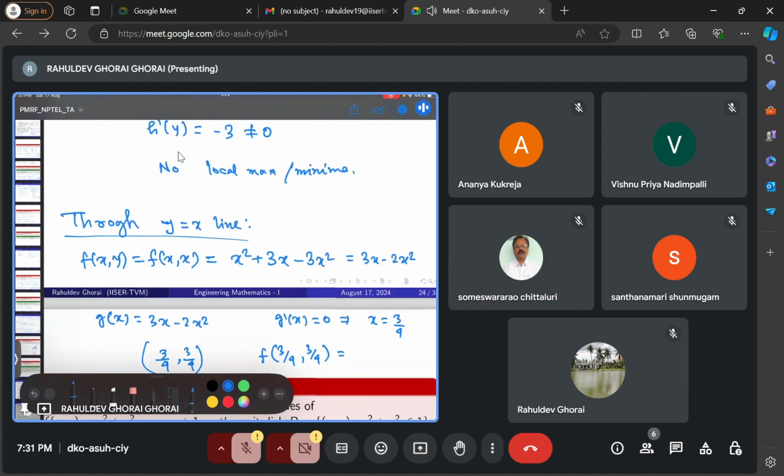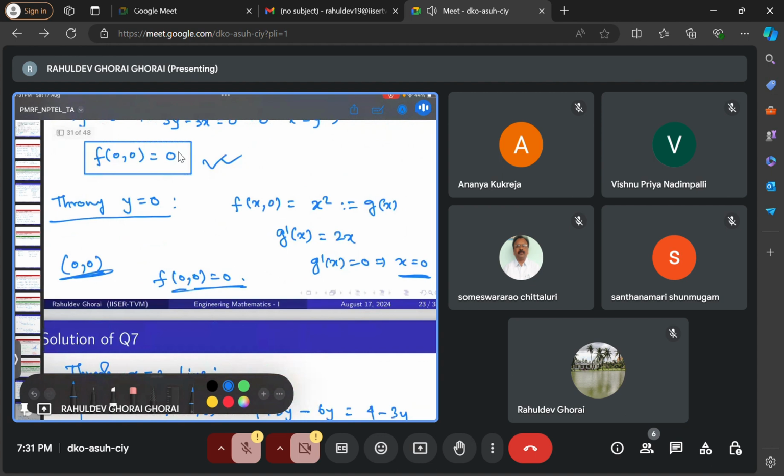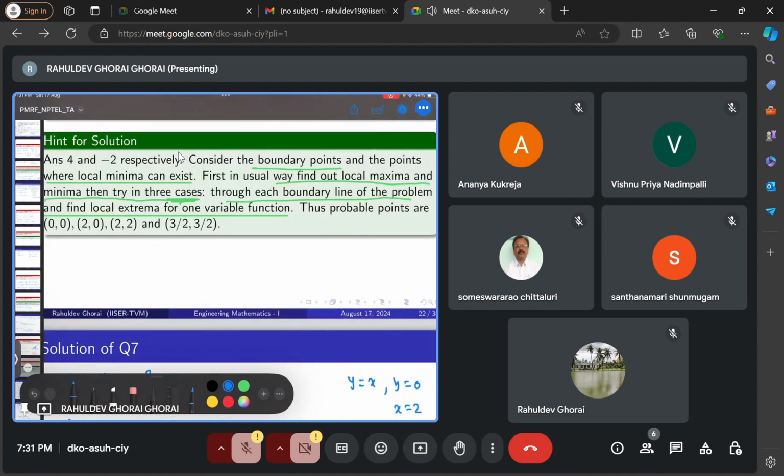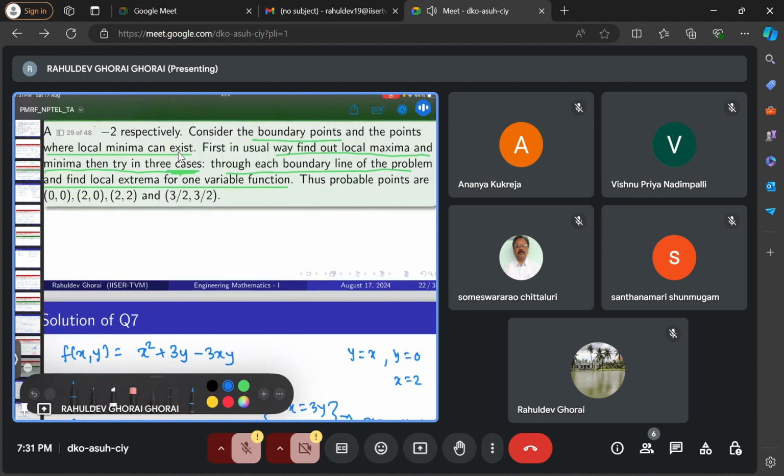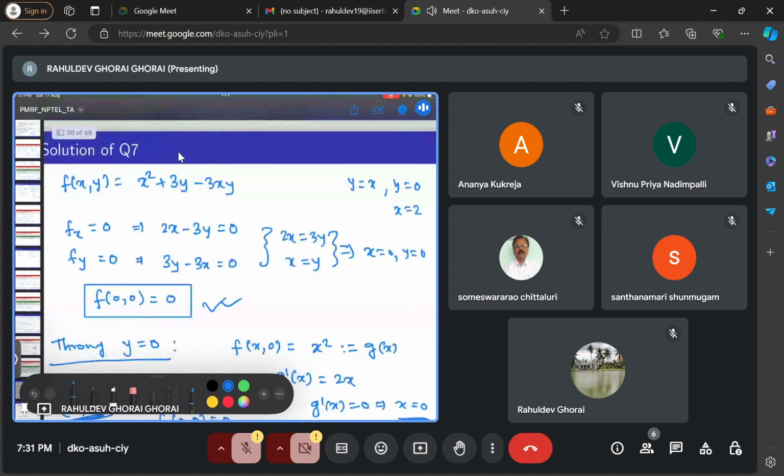So if we check the function, the probable points are 0 0, 2 0, 2 2 and 3 over 4, 3 over 4.